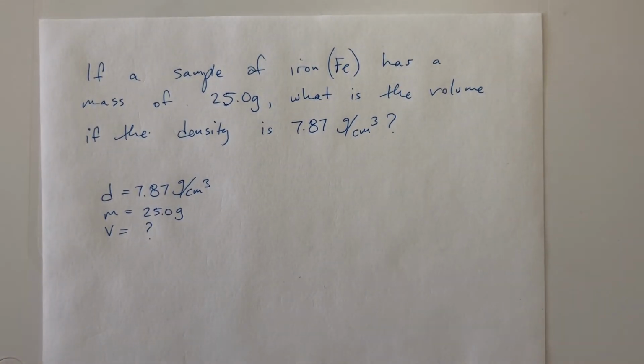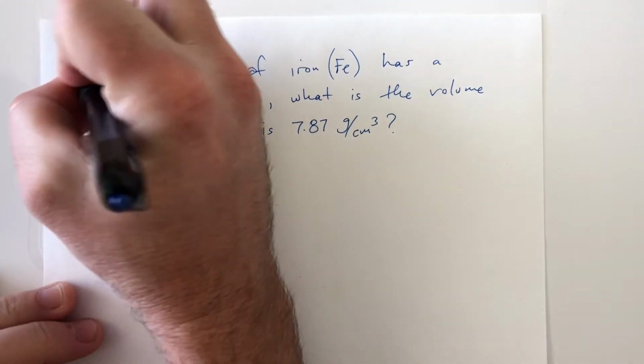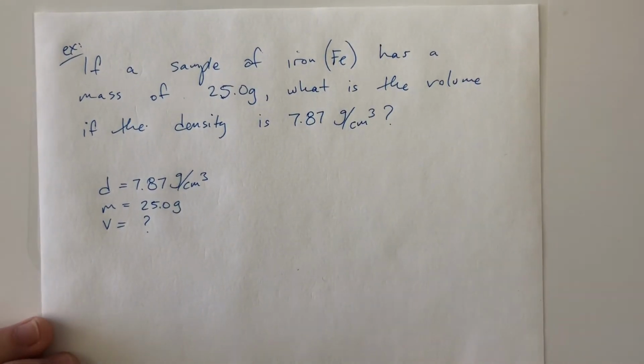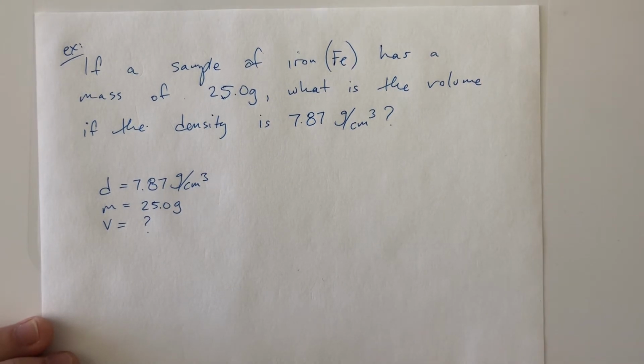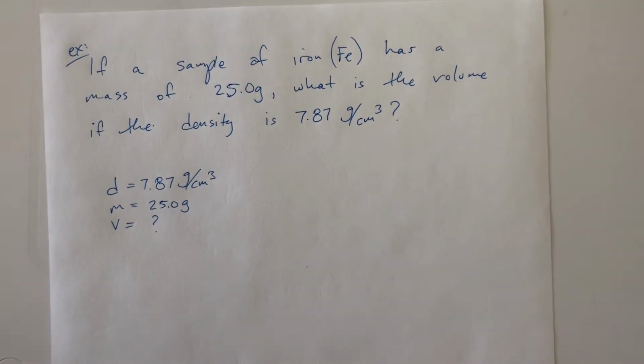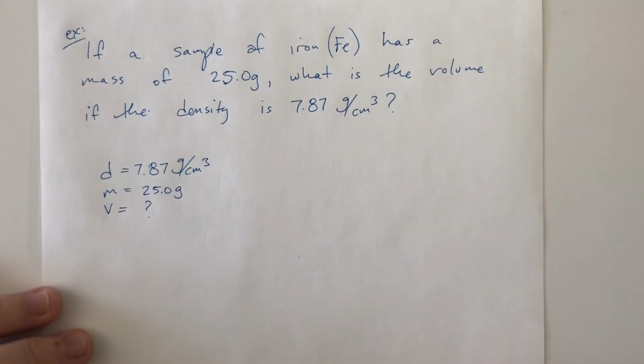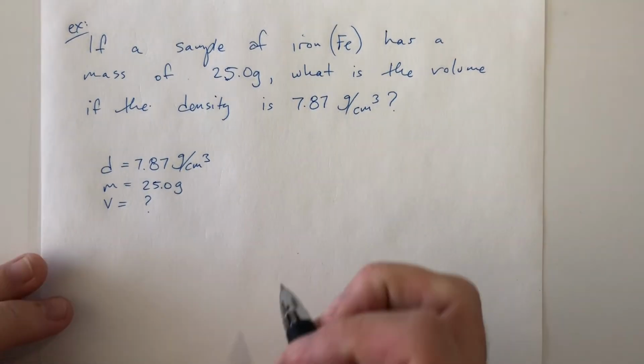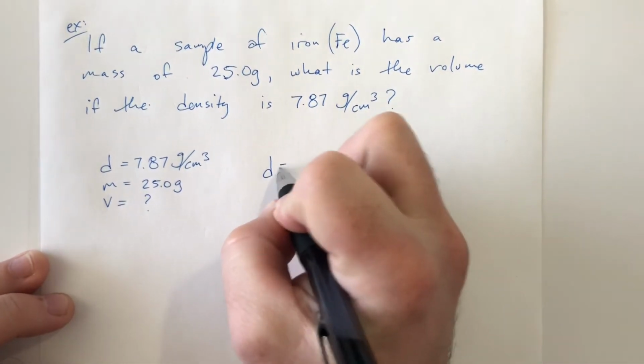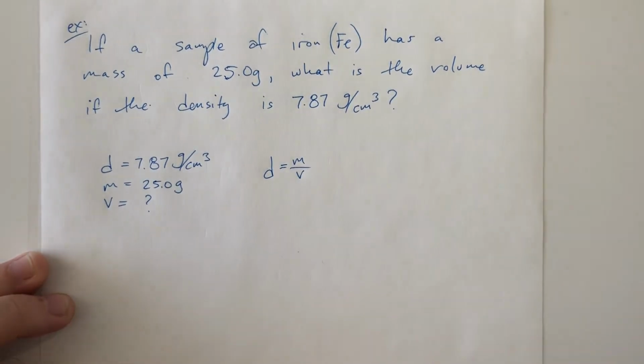Okay, there are 2 ways to solve this problem, and I'm going to show you probably the most expected way first. I actually don't think it's the easier option. So density equals mass over volume.